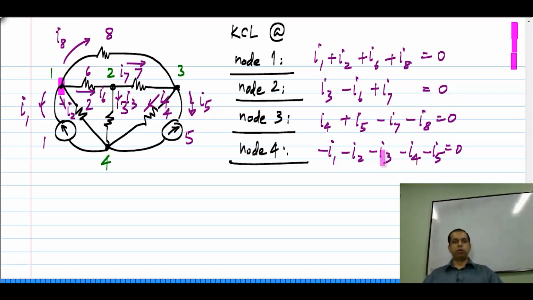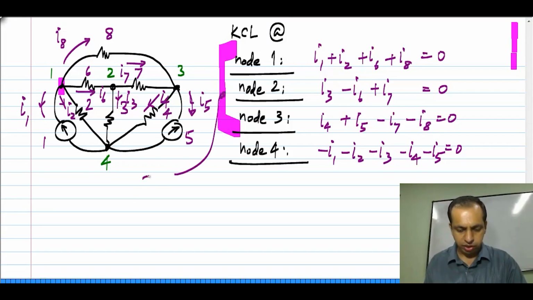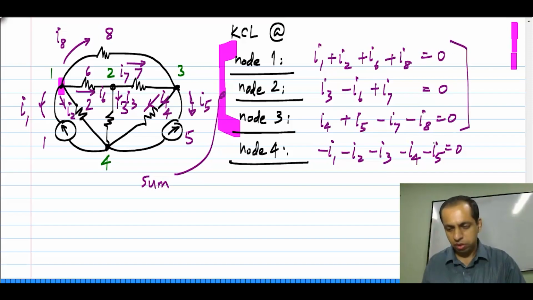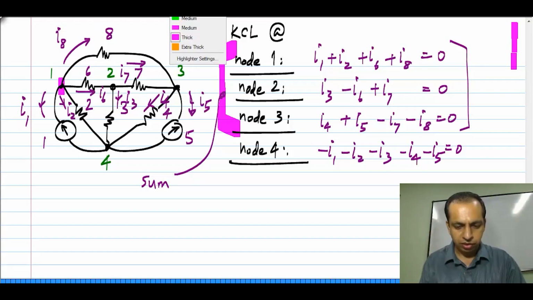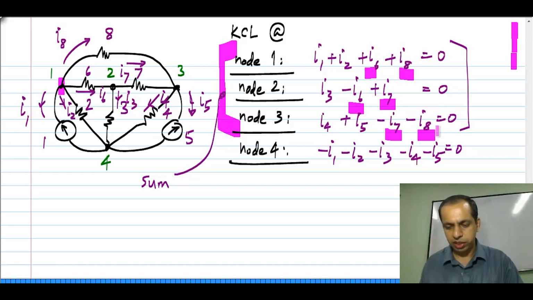So, it looks like at every node we can write a KCL equation, but in this case let me consider the sum of these three equations. If I sum these three equations, what will I get? You can see that I 6 will cancel with minus I 6, I 7 will cancel with minus I 7 and I 8 will cancel with minus I 8, and I will have all these other things which are left out: I 1, I 2, I 3, I 4, I 5.